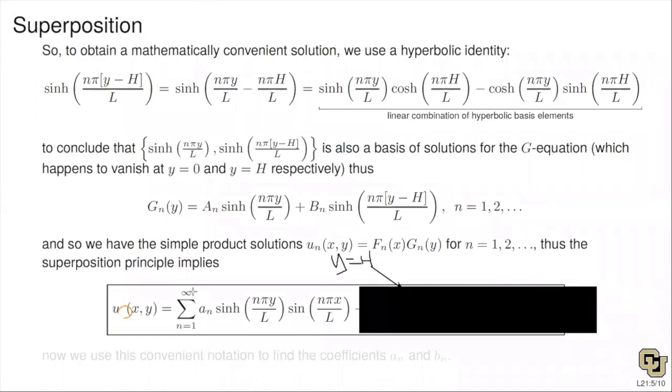And here, if I plug in y equal to h right here, sinh of n pi h over L is just a constant. So I can think of this whole term, a sub n times sinh of n pi h over L, as a new a sub n tilde. Because the y has been replaced with h and it's got no variables in it. It just has the parameter n. It's just a number that depends on n. Let's just call it a sub n tilde.